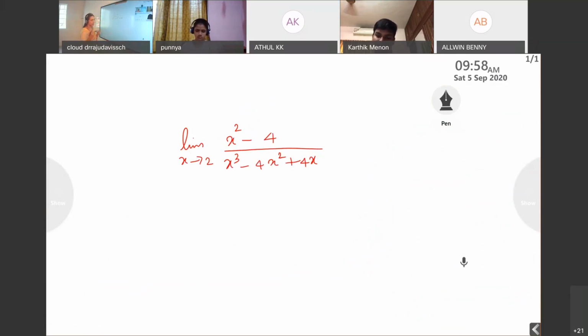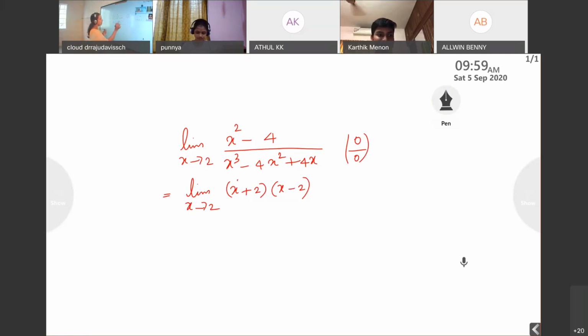I'll explain that question again. When we put x is 2 here, it takes the form 0 by 0, indeterminate form. To avoid this, we factorize the numerator as well as the denominator. The numerator is x plus 2 into x minus 2, using the identity a square minus b square.